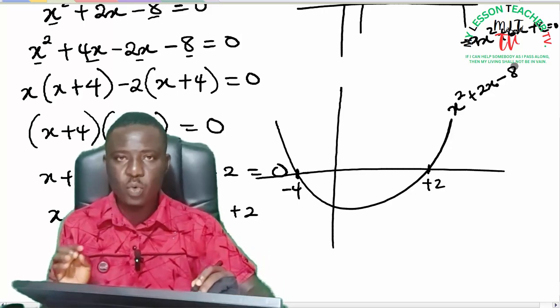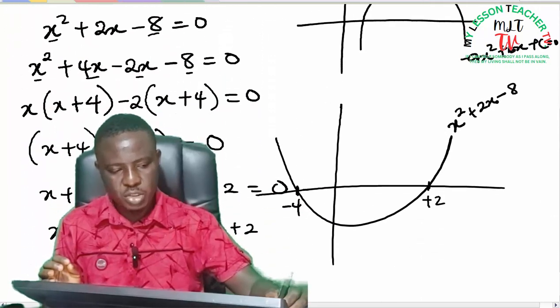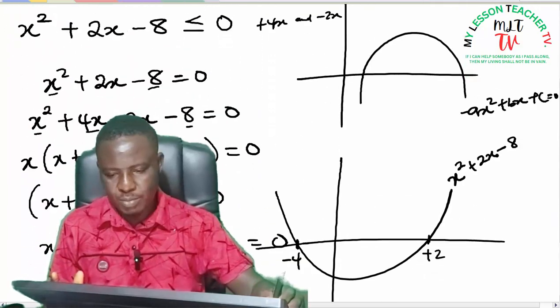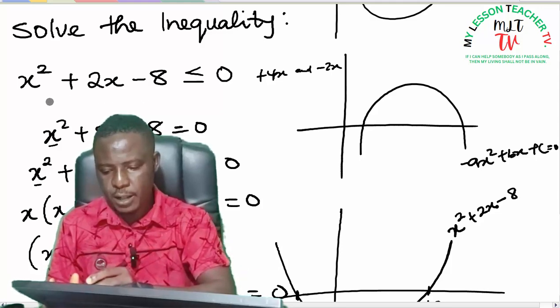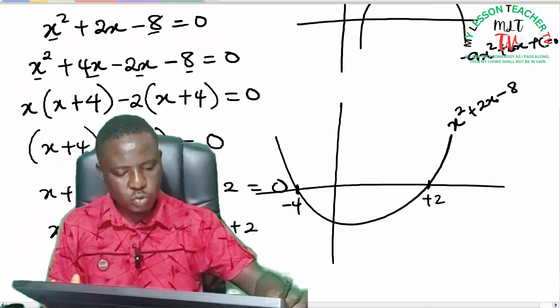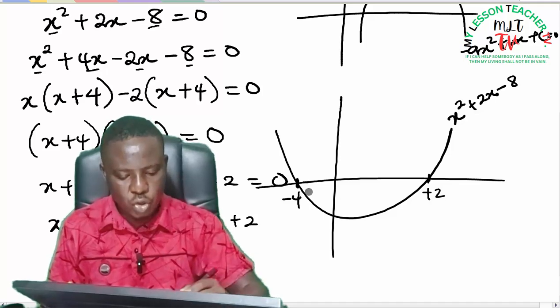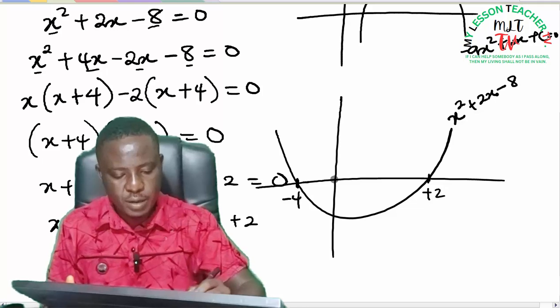Now, the question says we should solve the inequality. Solving the inequality simply means we should find the region where this equation is said to be less than or equal to 0. And that region is said to be the region that falls under the 0 mark.